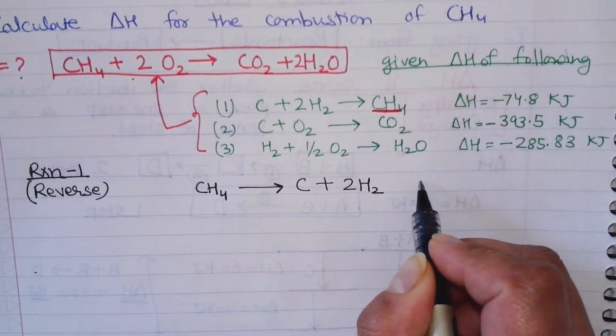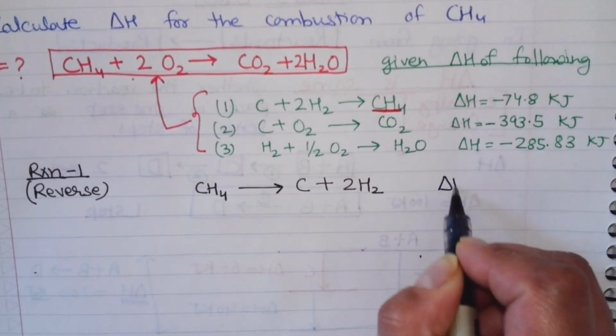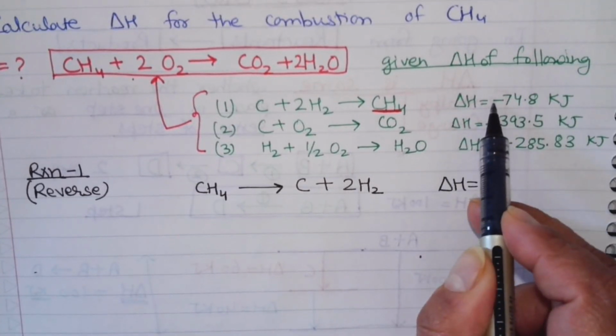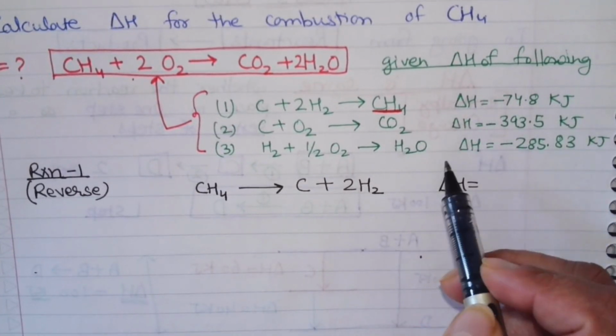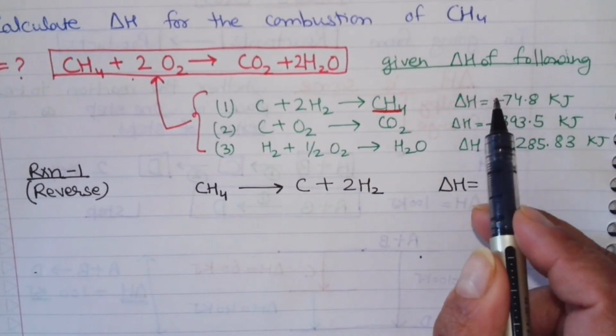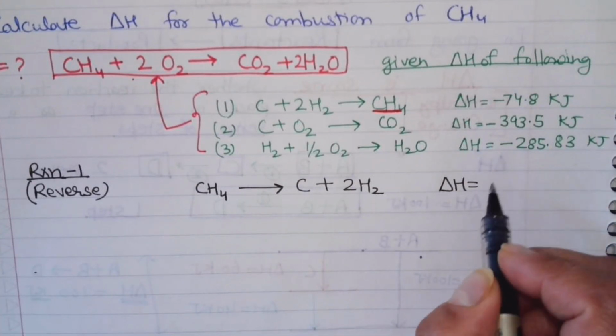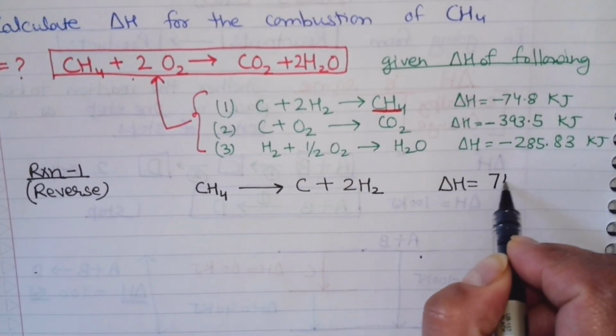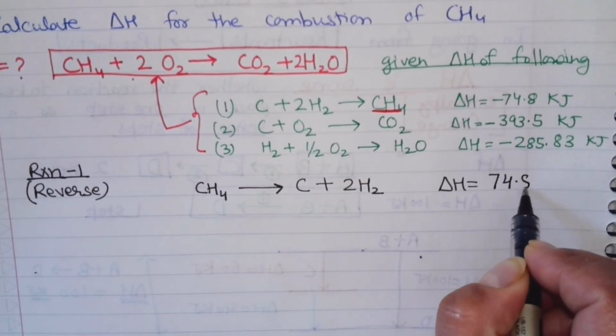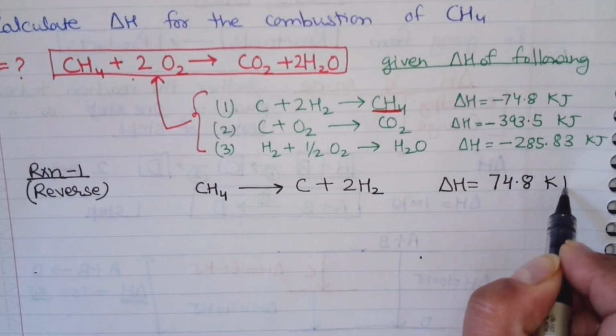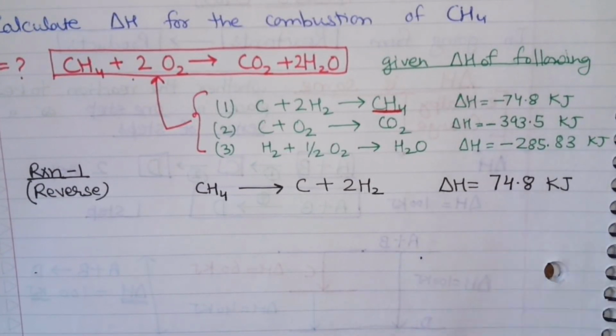And how does it affect delta H? Delta H was negative before. When you reverse a reaction, you have to change the sign of delta H. Now it's endothermic. So delta H for the reverse reaction is positive, right?